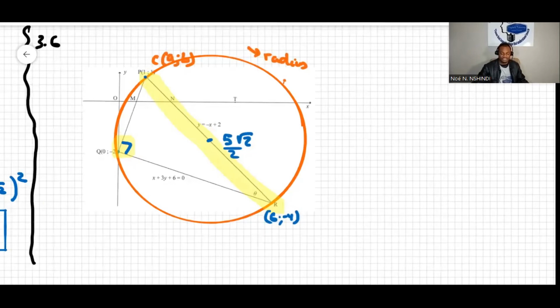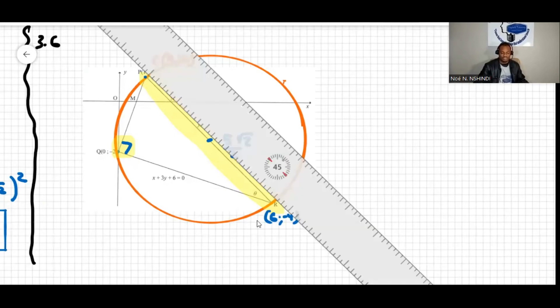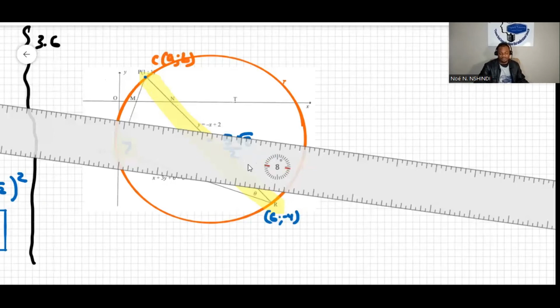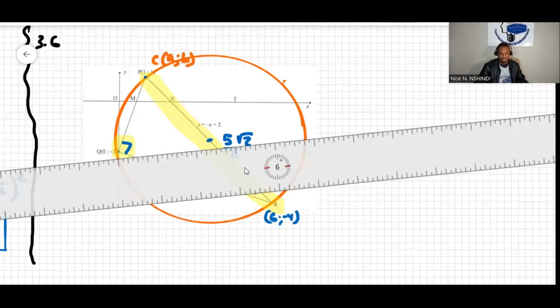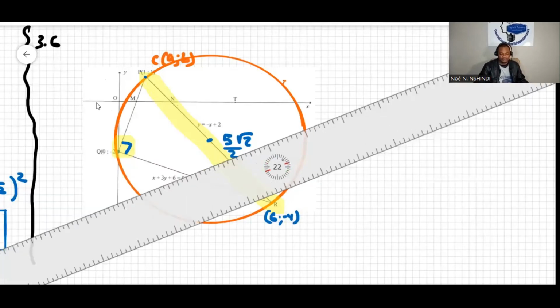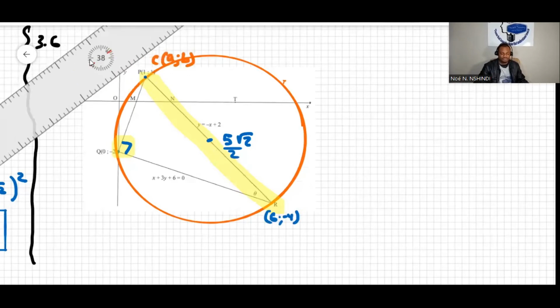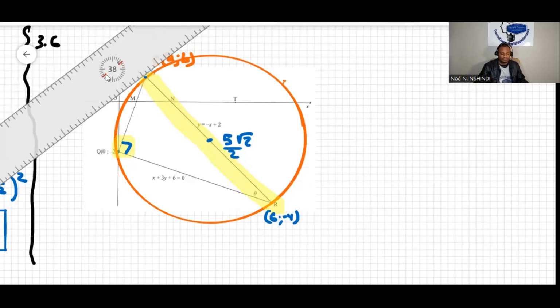This is the diagram we have. Now we know that a tangent is a straight line that passes through a point. So if I draw my tangent line, just for the sake of illustration, tangent to the circle passing through point P, let's say it is this line. That's the tangent line.